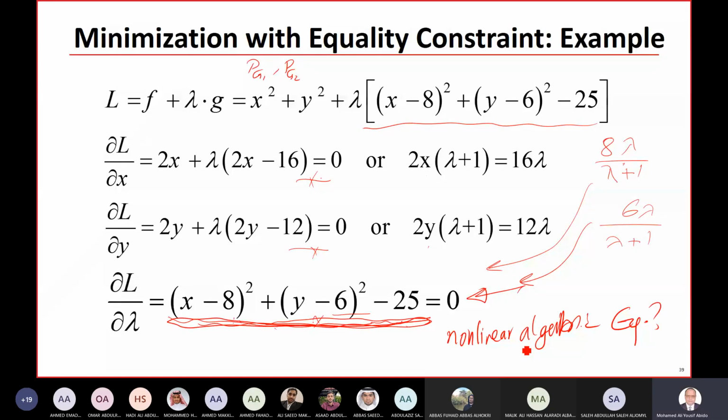Saleh Abdullah: the substitution method as we learned in Math 1 and Math 2. What is the substitution method?